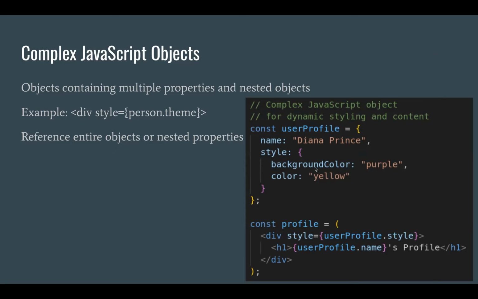So when we reference these objects in JSX, we're not just passing values. We are weaving our JavaScript logic and structures directly into our UI and making our components very dynamic and versatile. So you can see userProfile, and in style we would call userProfile.style, and in our h1 tag we'll call userProfile.name.